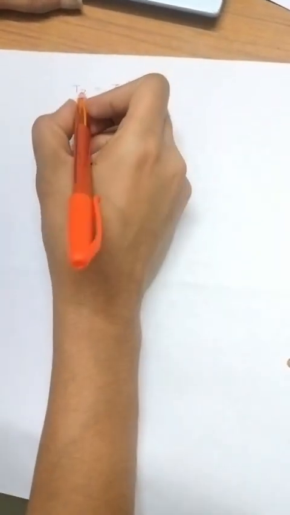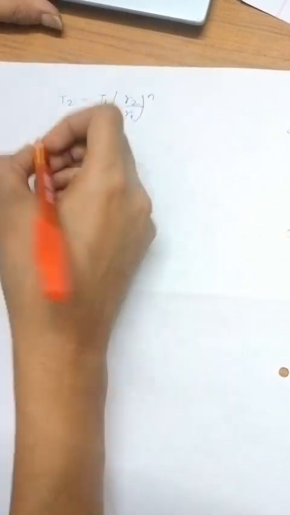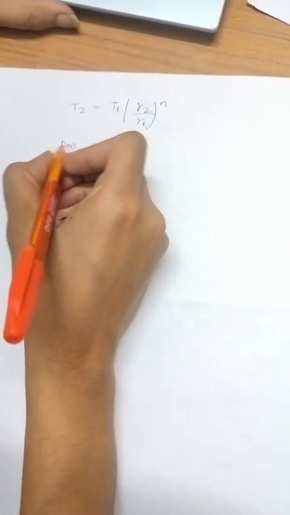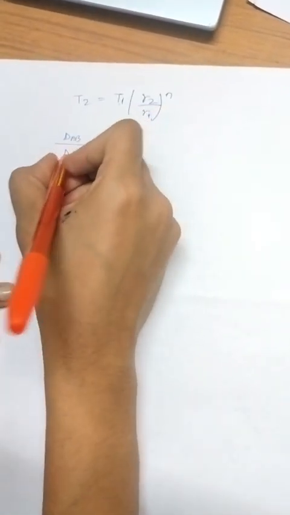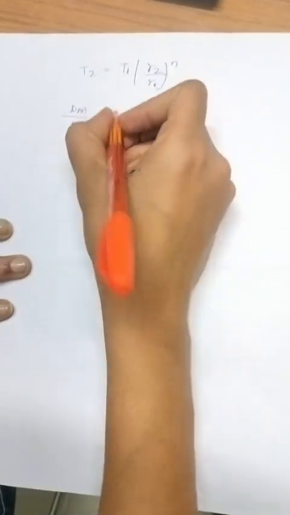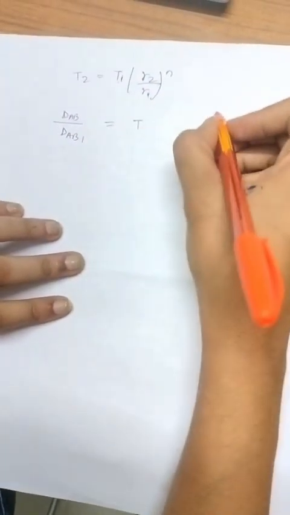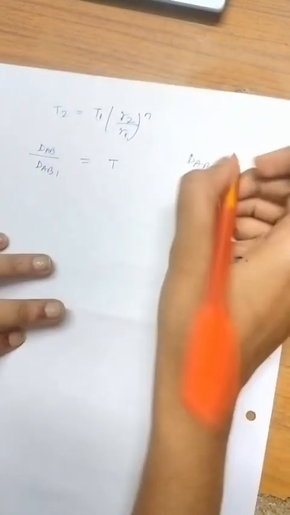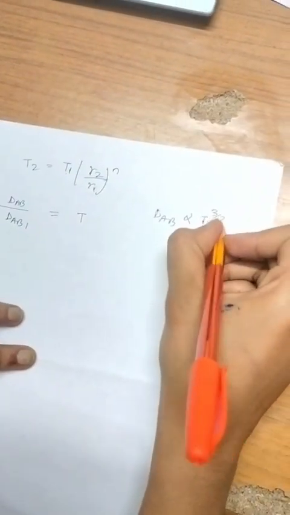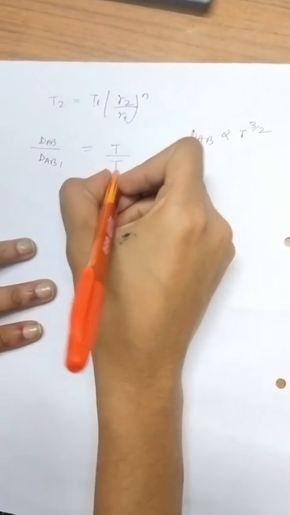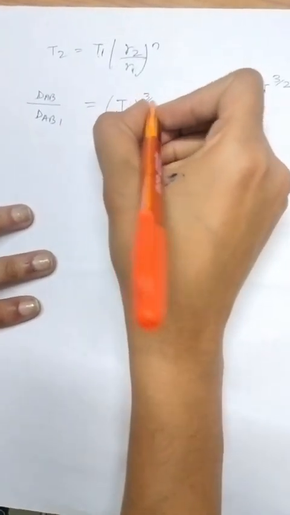Since the temperature gradient is there, diffusivity will also vary. DAB and DAB1, we know diffusivity is directly proportional to temperature, T upon T1 raised to 3 by 2.